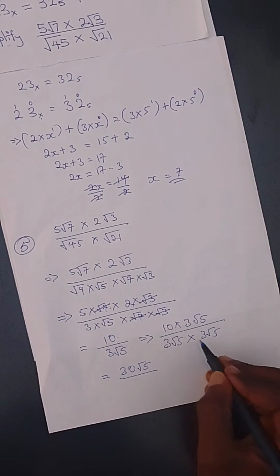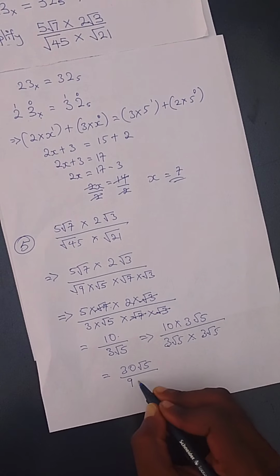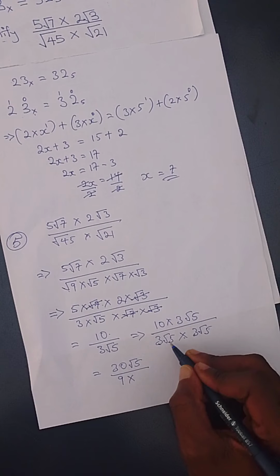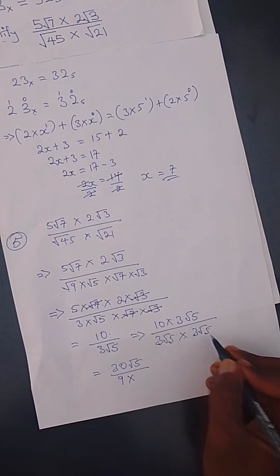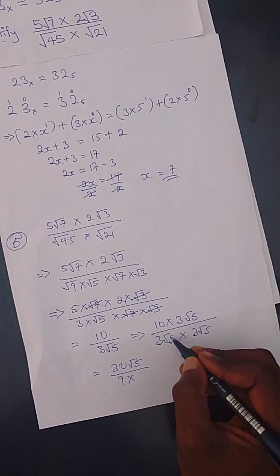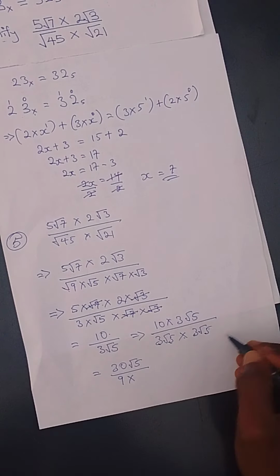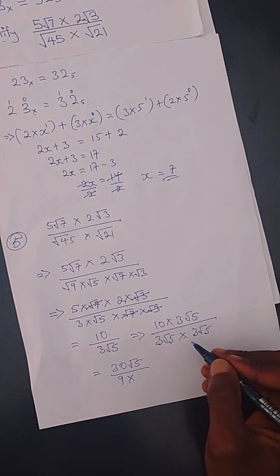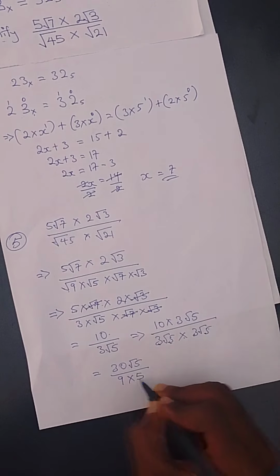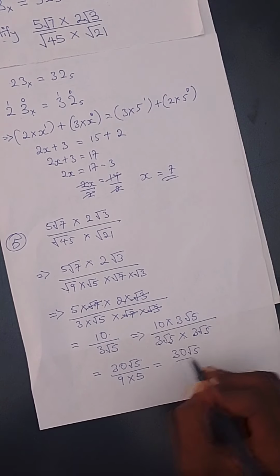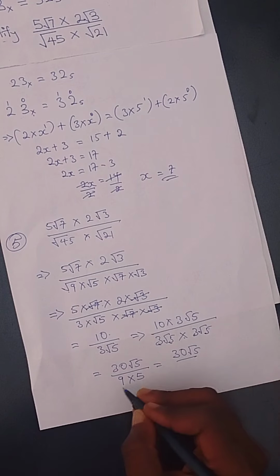Now 3 root 5 times 3 root 5. 3 times 3 is 9, times root 5 times root 5. Root 5 times root 5 means 5 times 5 is 25, and square root of 25 is 5. Or you can say root 5 times root 5 is equal to 5. As square root cancels square root, we pick the common number, which is 5. So that will be 30 root 5 all over 5 times 9.